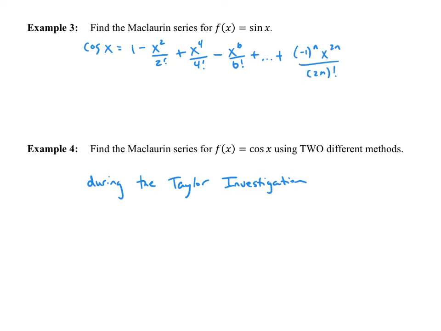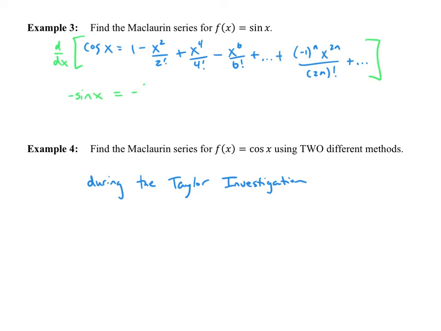But this particular series expansion, to me, is easier to remember if you think of cosine as an even function. So if cosine's even, you can notice the pattern of the exponents is also even. So that helps us memorize that. But if you think about the relationship between cosine and sine, if we were to take the derivative of each one of these, the derivative of cosine is negative sine, and the derivative of 1 is, of course, 0.